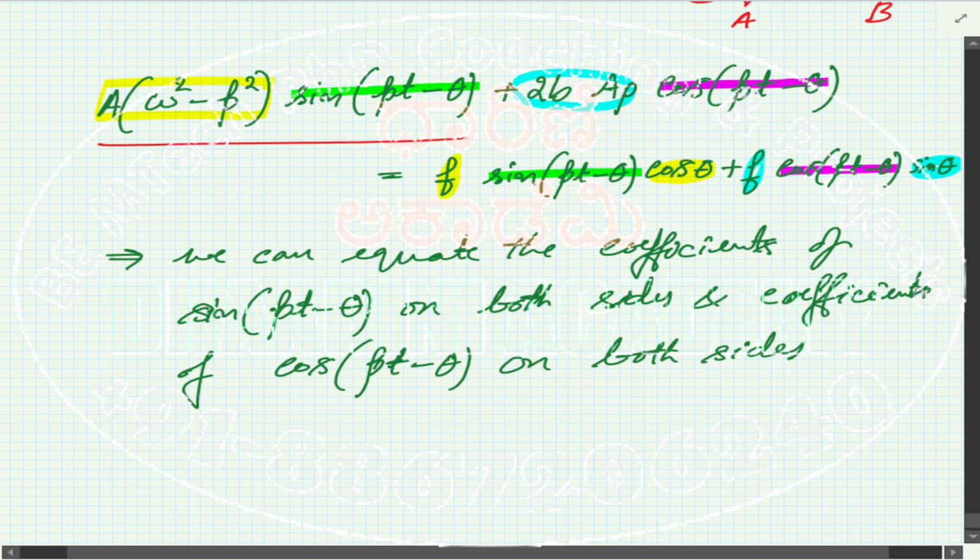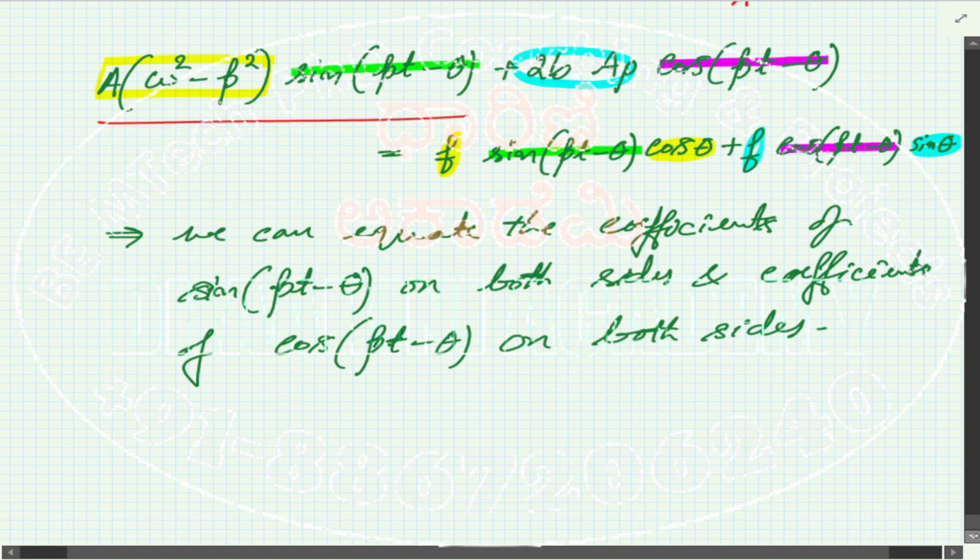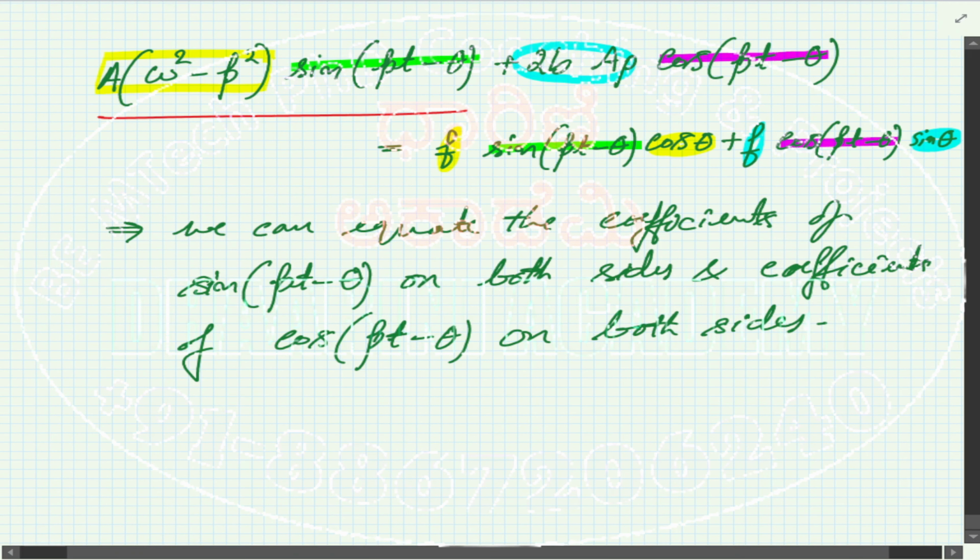You see that when you compare the coefficient of the sine function, a into omega square minus p square should be equal to f into cos theta. A into omega square minus p square is equal to f into cos theta.